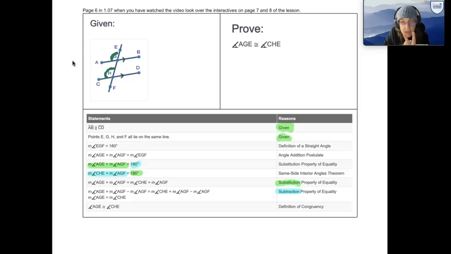Because that equation has angle AGF on both sides, that AGF can be subtracted from both sides because we're still balancing our equations, but we're using opposite operations to cancel them out. So now all we have left is that AGE is equal to CHE by the definition of congruency. And look, you just proved the corresponding angle theorem.